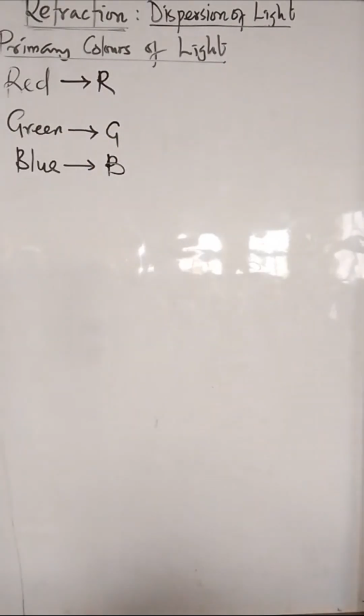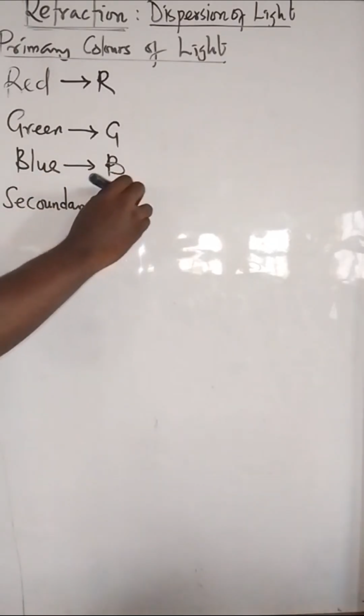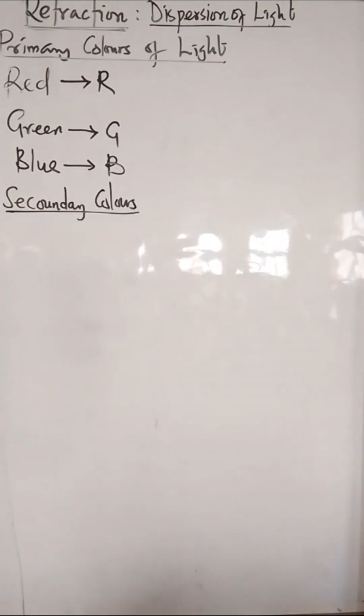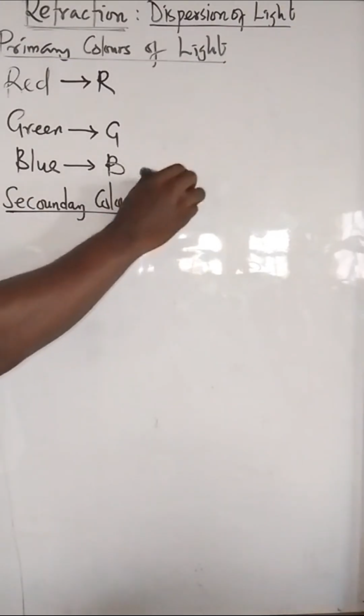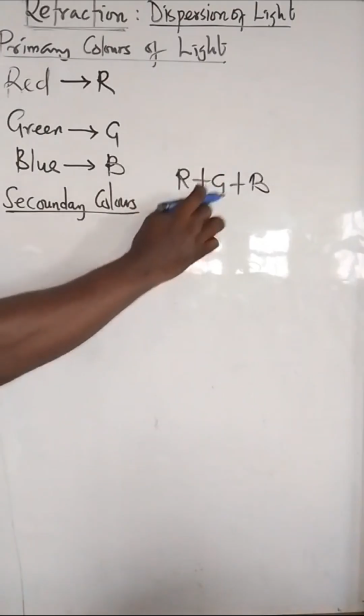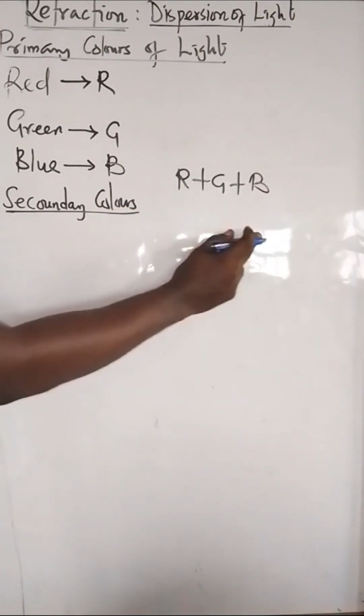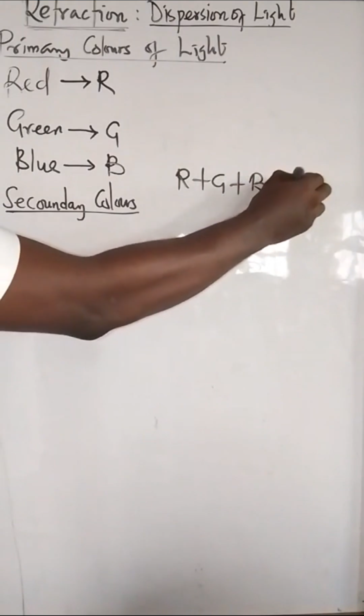Red, blue, green are called what? Primary colors. Then we have what are called secondary colors of light. But before that, note, if we add all the primary colors in the same proportion, 1:1:1, one red, one green, one blue, it will give us what? White.